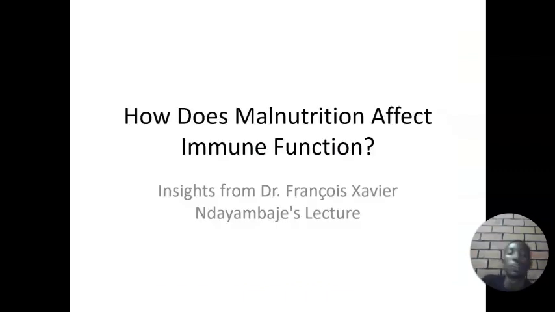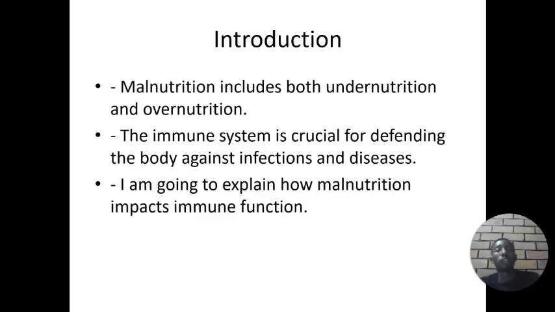The last thing is about how malnutrition affects immune function. I'm going to use the lecture notes of Dr. Xavier. The first thing is what is malnutrition and the immune system.